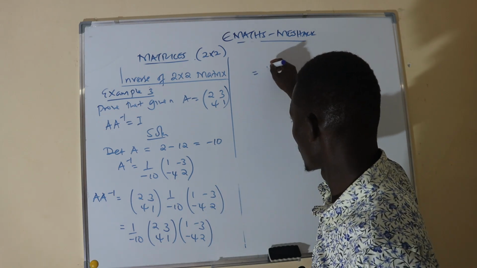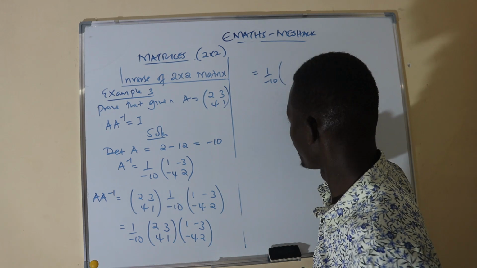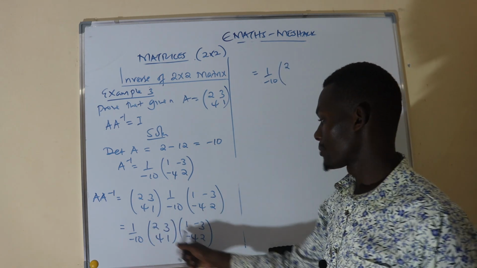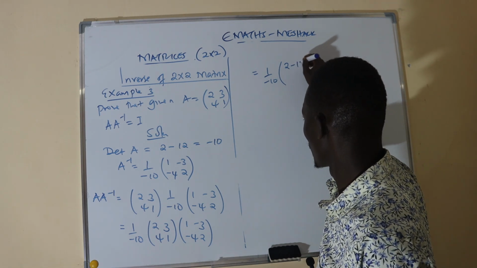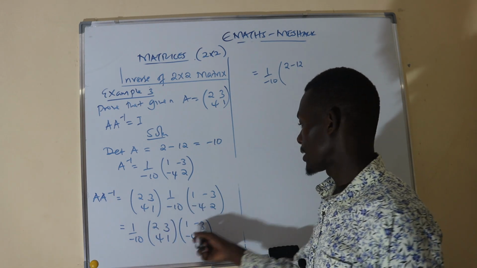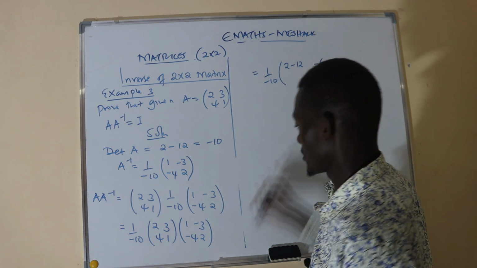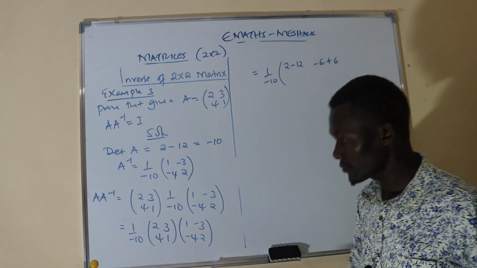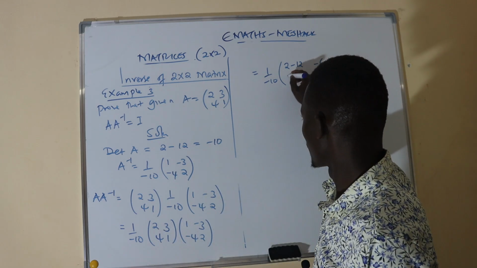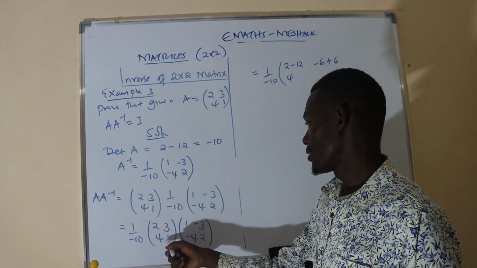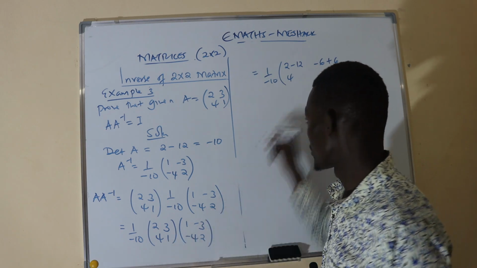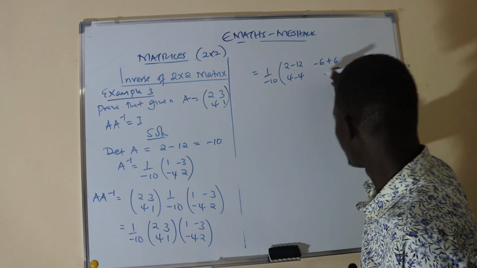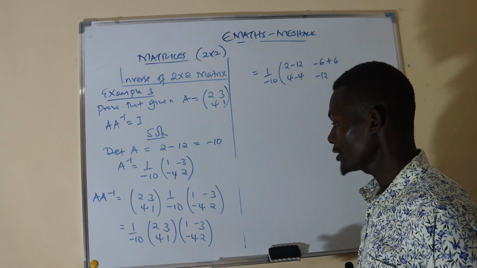This one again gives us 1 over negative 10. 2 times 1 gives me 2. 3 times negative 4 is negative 12. 2 times negative 3, negative 6. 3 times 2, plus 6. 4 times 1 gives me 4. 4 times negative 1 is negative 4. 4 times negative 3, negative 12.